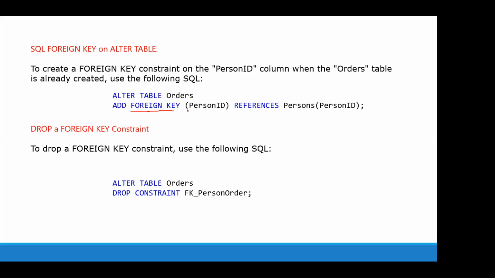Here the column name, and references which table it is referring to, persons, person ID. So we are going to make a relationship between persons and orders through this column name person ID. Now there is a relationship established between persons and orders. So this is the use of the foreign key constraint.